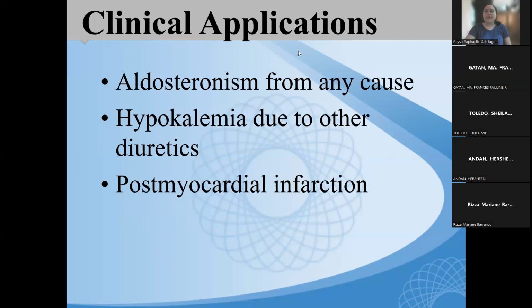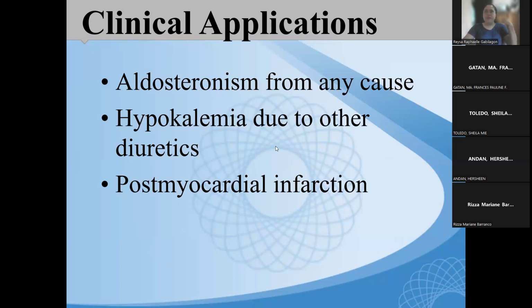What are the clinical applications of these two? We're talking about spironolactone and eplerenone only. They can be given to patients with aldosteronism from any cause. Remember when you say aldosteronism, there is increased aldosterone in the body.